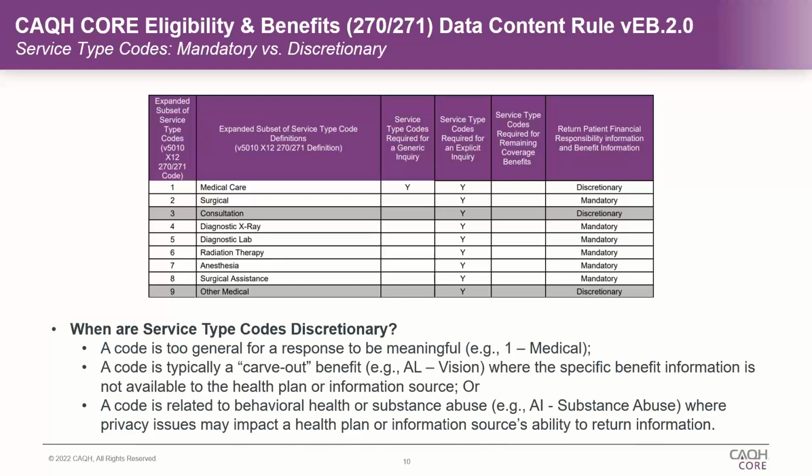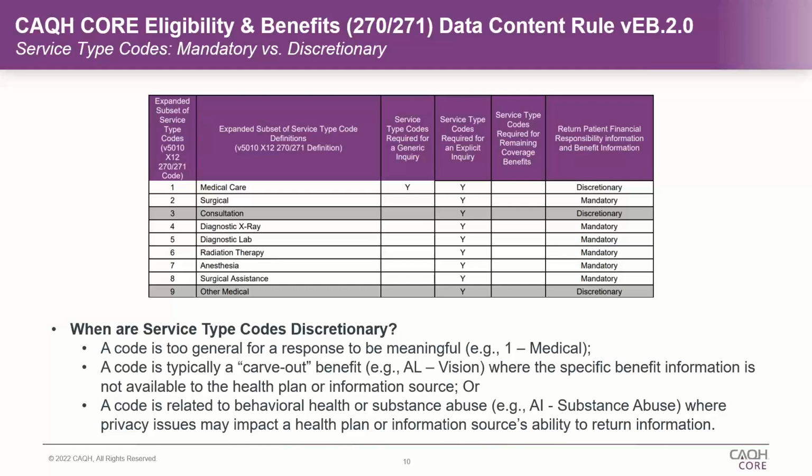So the example is, let's say service type codes 133 and 69 were sent in on a 270 from a provider. It doesn't mean that the same order of 133 and 69 will be received by the payer. And if the payer ends up only responding to the one, that's likely because it's the first one that came in.